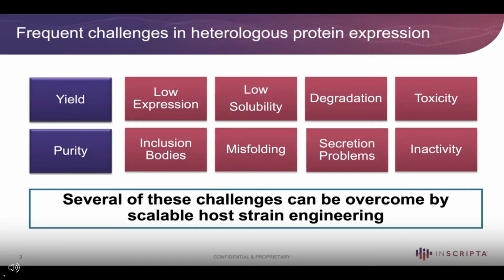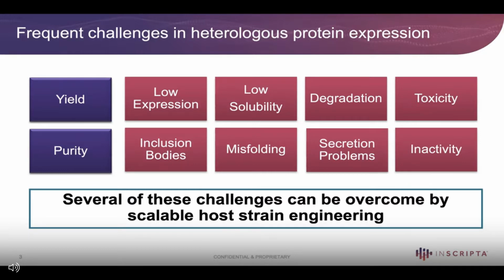There are a number of headwinds facing us when we look at that yield and purity profile for getting improvements. Those might come from low expression of the protein of interest. The protein may have solubility issues or problems with forming inclusion bodies that would precipitate out of solution and be inaccessible for subsequent refolding, let's say.